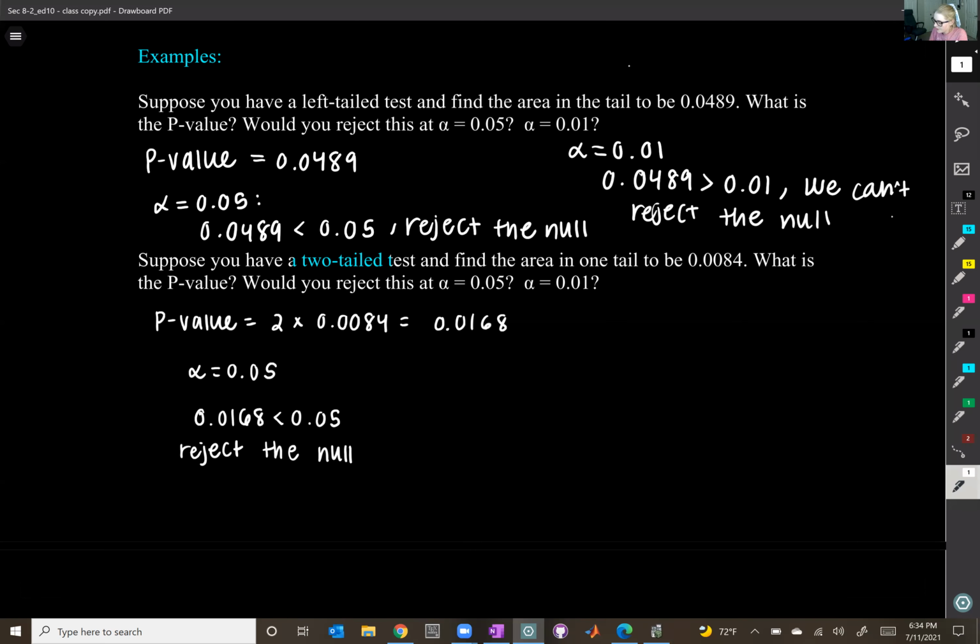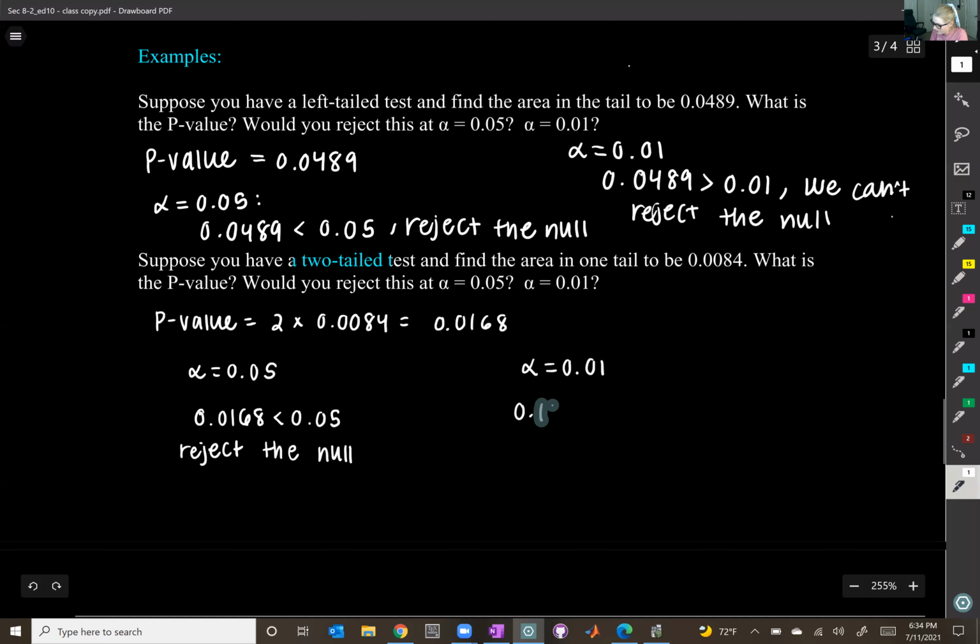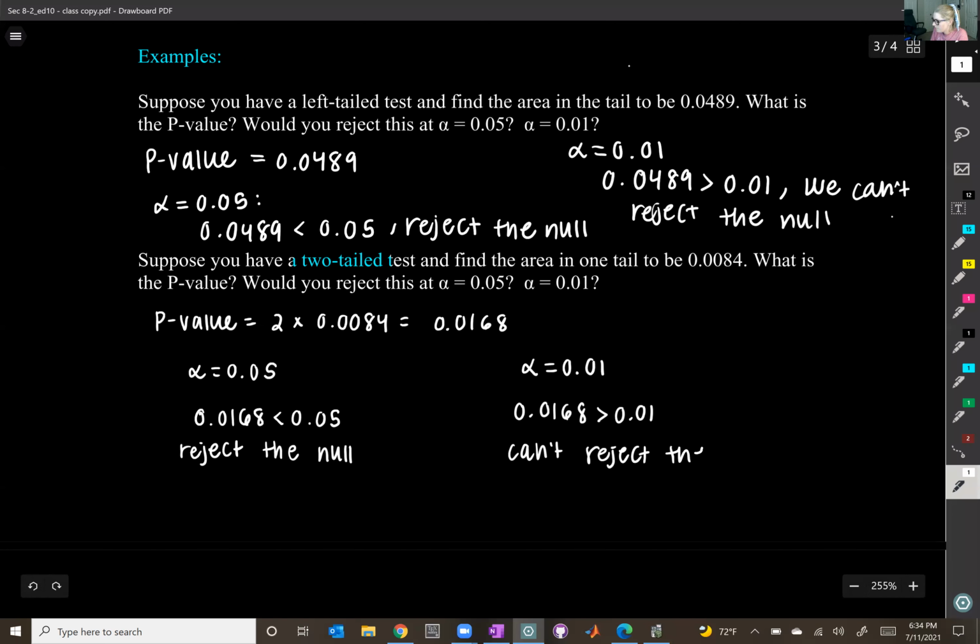All right, and now we're going to do it at the next significance level when alpha is 0.01. 0.0168 is sadly not less than 0.01, which means that we can't reject the null. So it's pretty straightforward. If your p-value happens to be less than alpha, you reject the null. If it's greater than alpha, you can't reject the null.